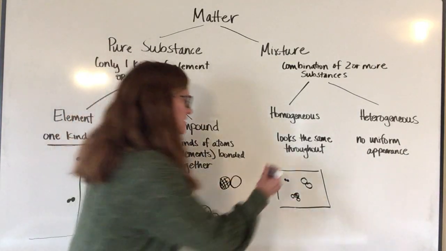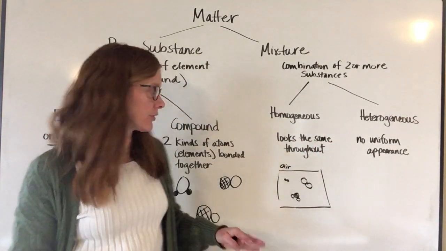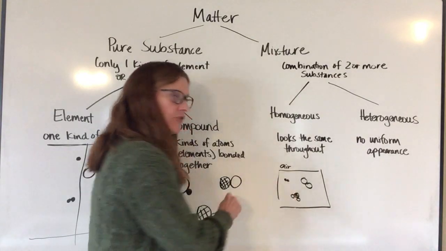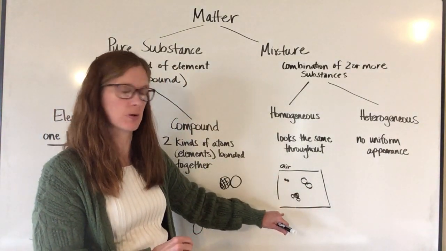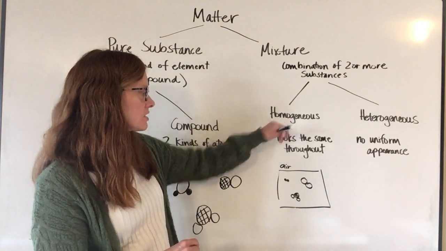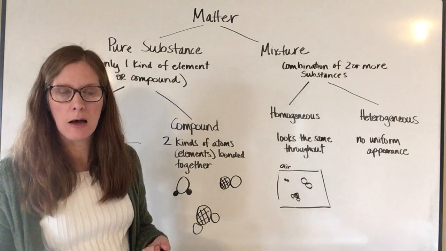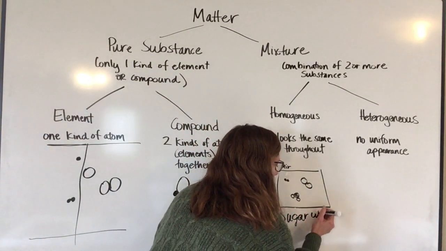If this is air, the air looks the same all the way through, but if I would reach in and pull out a specific molecule, I'm not going to pull out the same thing every single time, okay? So a homogeneous mixture would be like air. Again, sugar water would be an example here.